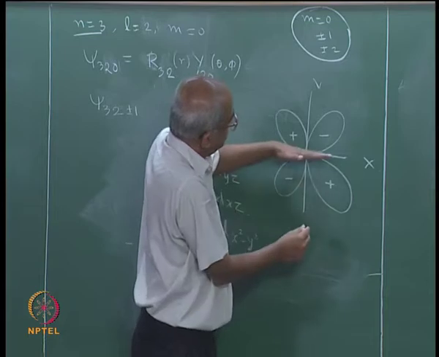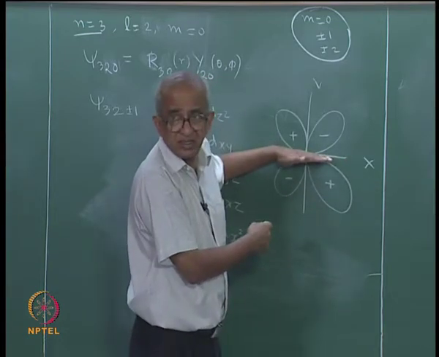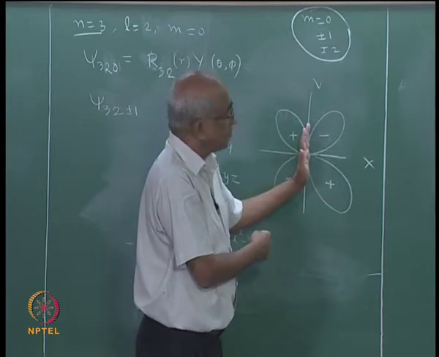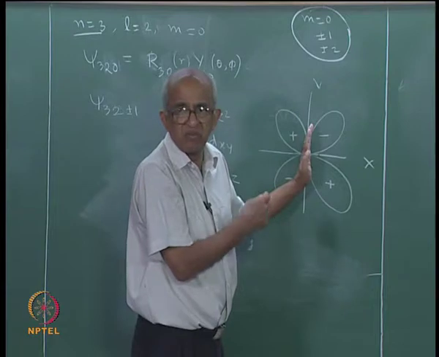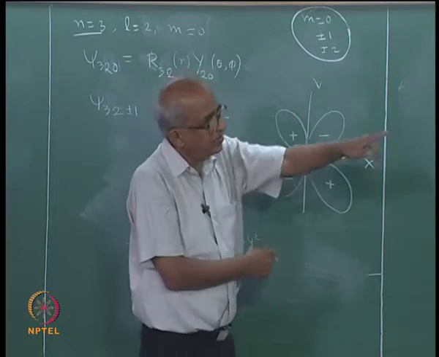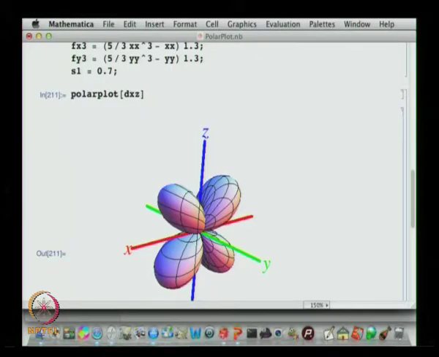So, if you think of such a plane, which is the xz plane, or you think of such a plane which is nothing but the yz plane, then these are actually nodal planes. Similarly, for the xz orbital, the xy plane is a node and the yz plane also is a node for this orbital.